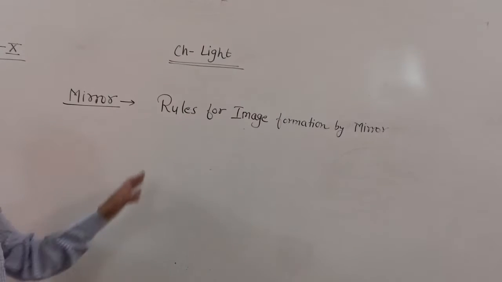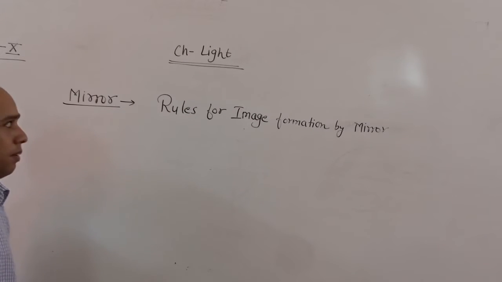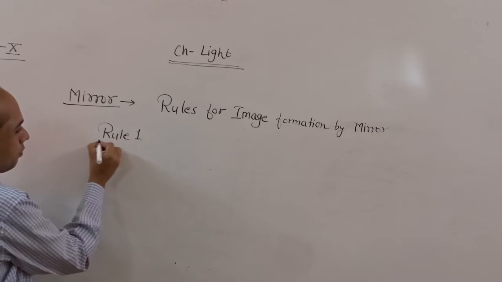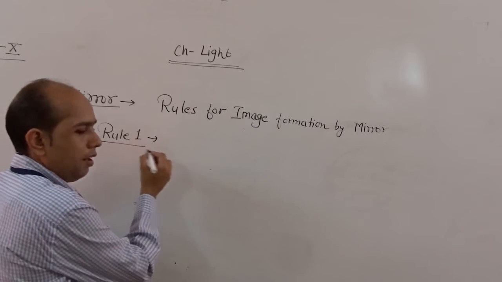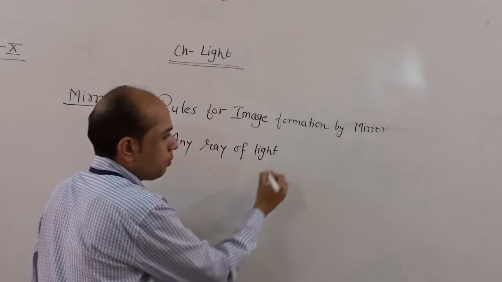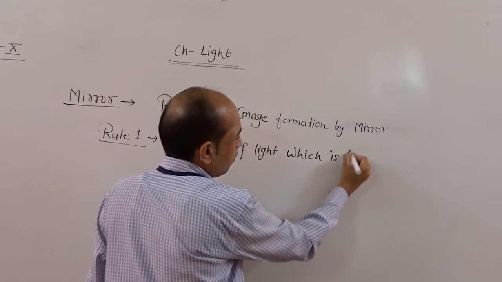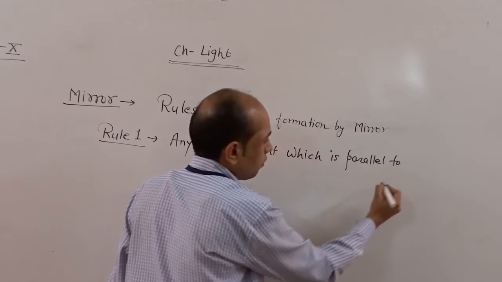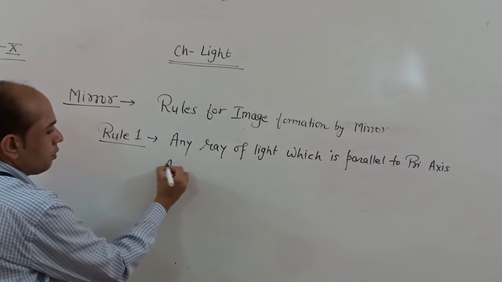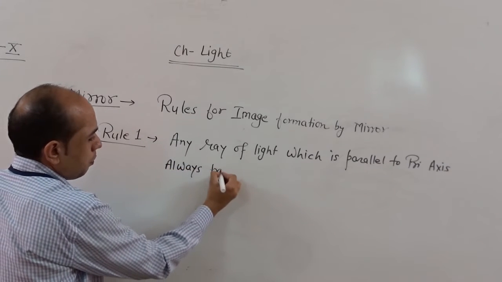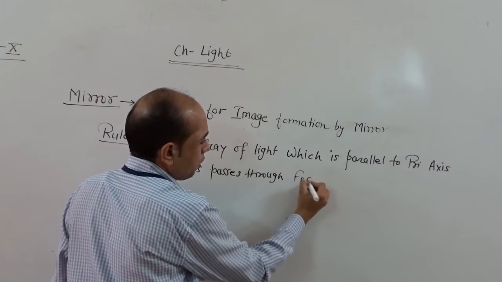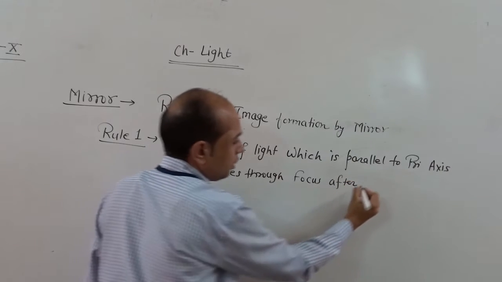Here we have three rules to draw any image for either a convex or concave mirror. The first rule: any ray of light which is parallel to the principal axis always passes through the focus after reflection.